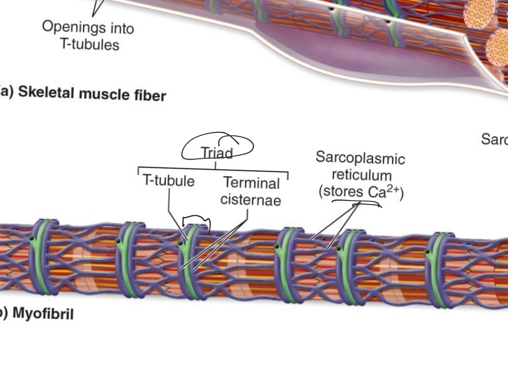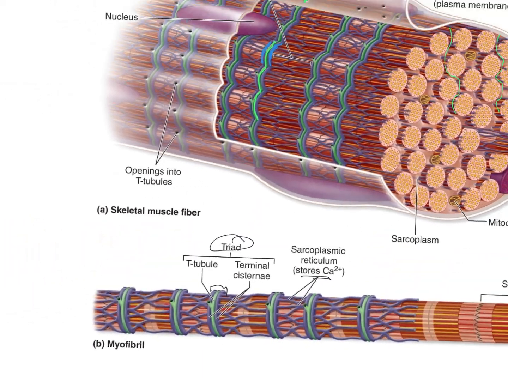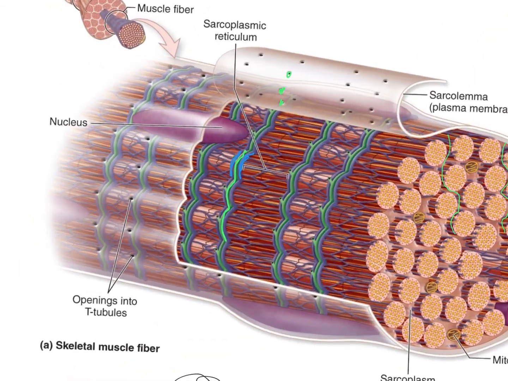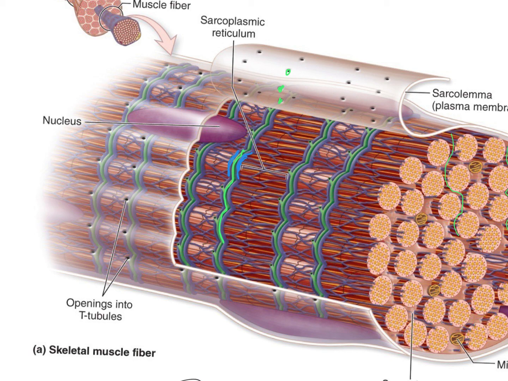And that's important, so I'm going to give you a preview of what we're going to be talking about. The electrical impulses that start on the membrane are going to be transferred down the membrane. Then they're going to get into one of these T-tubules, and be transmitted all the way through the T-tubule. The T-tubule is attached to each terminal cisterna.